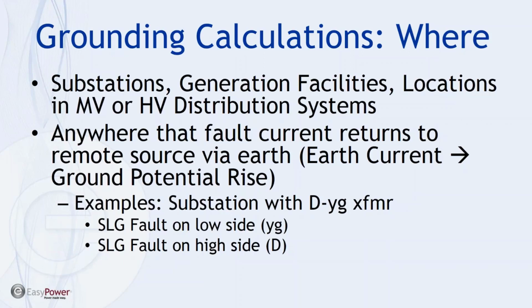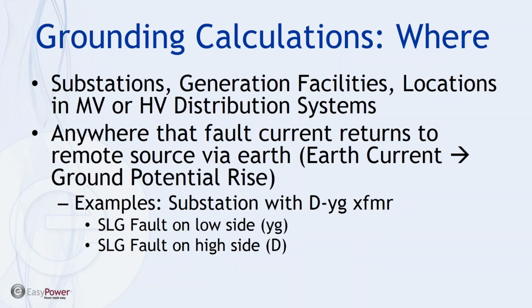If you have a single line to ground fault on the low side of a substation, with a delta to low side Y grounded transformer, that fault is going to exist mostly on the phase conductors and then to the ground and then the grid conductors, and the return, if it's within that same substation, is going to be local to your grid. So most of the fault current is going to return directly on your ground grid conductors and back to the Y ground of the transformer.